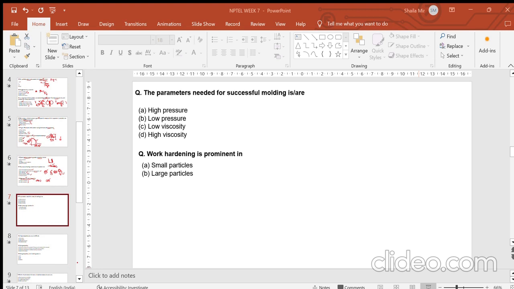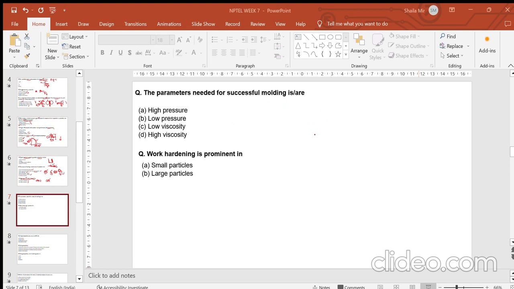Now, the next question is: mention the phenomenon that occurs at maximum compression pressures. This is what I was talking about, that there are different stages that occur during the compaction process. If you have a maximum compression pressure, there are changes happening inside the material. You might have seen a graph like this.